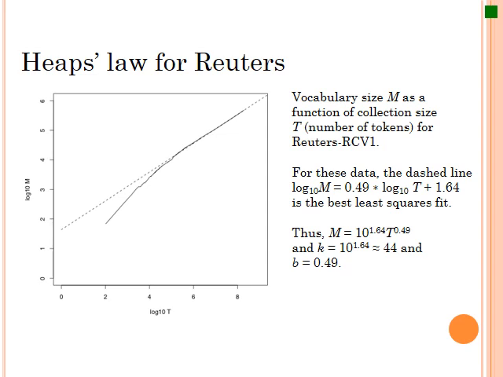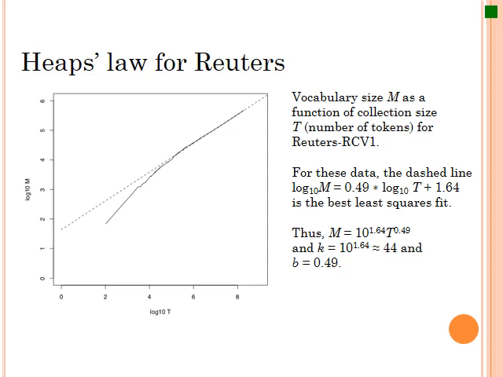This is the actual empirical line, and this line is the theoretical line. Once you take the log on both sides, it's actually a linear relationship between log n and log t, and the slope of this line is roughly half, because b is roughly equal to 0.5.